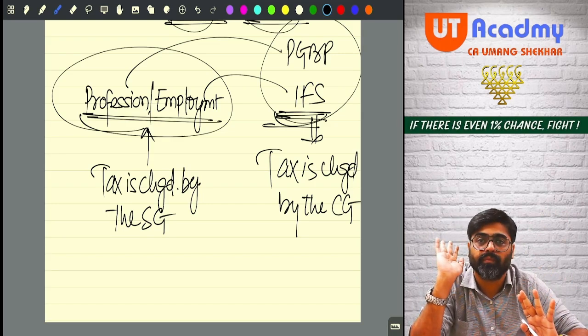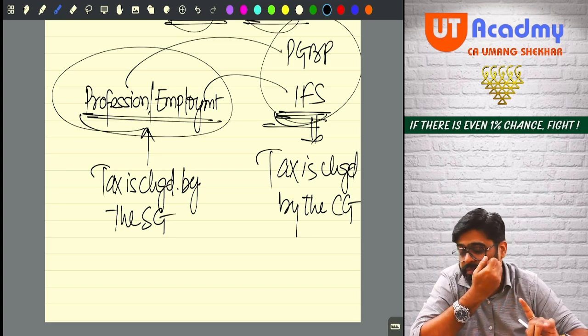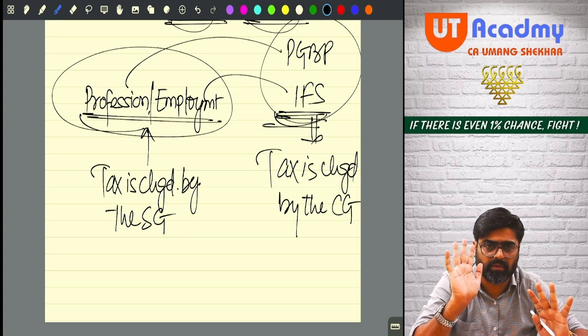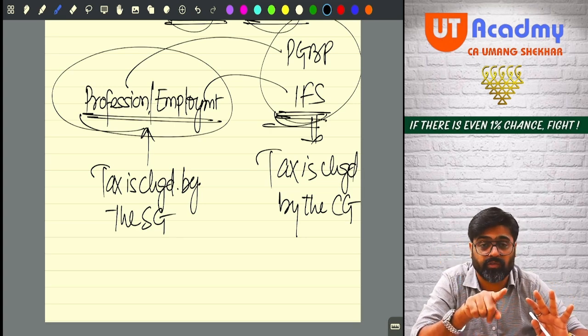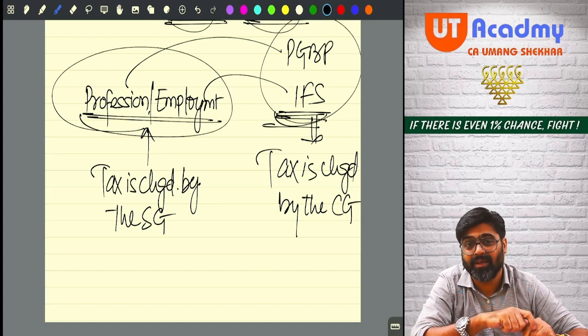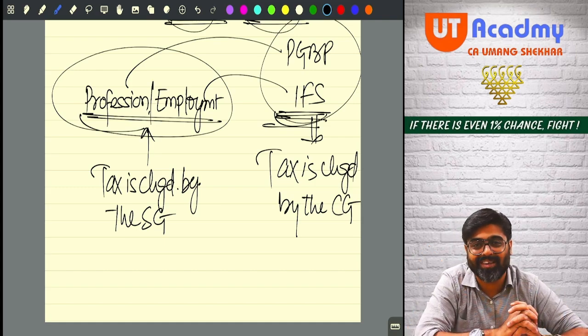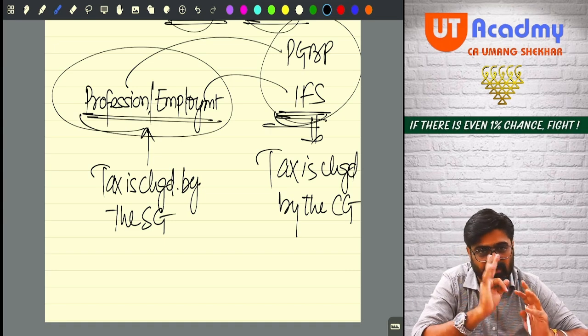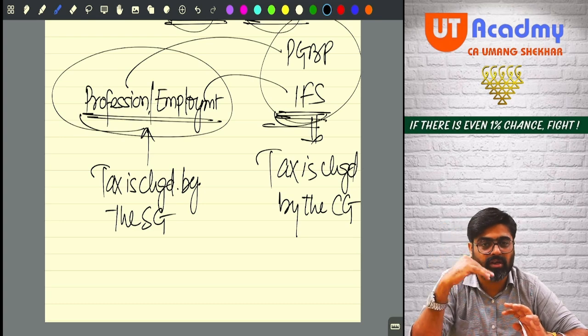Sure? That applies if you are shifting out of 115BAC. But if you are not shifting out of 115BAC, even this professional tax will not be allowed as a deduction. Got it? Three deductions, keep in mind. And these three deductions are to be claimed out of your gross taxable salary.